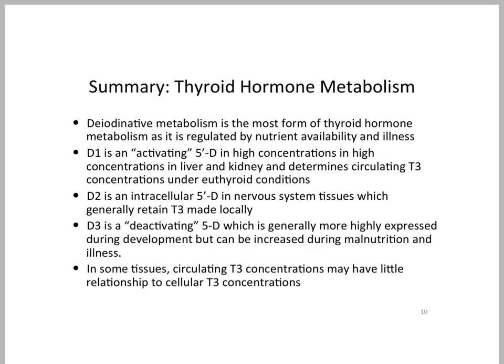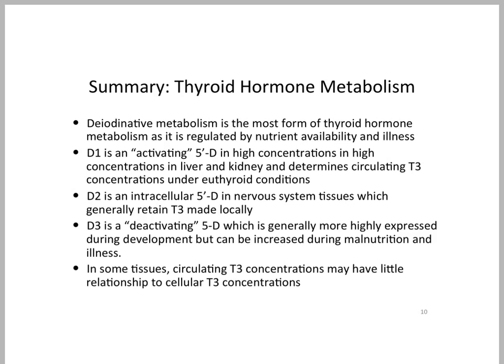Deiodinase 2 tends to be intracellular, and it's in the nervous system, and the T3 is generally made and retained locally. Deiodinase 3 is an inactivating or deactivating inner-ring deiodinase, 5-deiodinase, that's more expressed during development and then can be increased during malnutrition and illness that leads to the elevation of reverse T3.